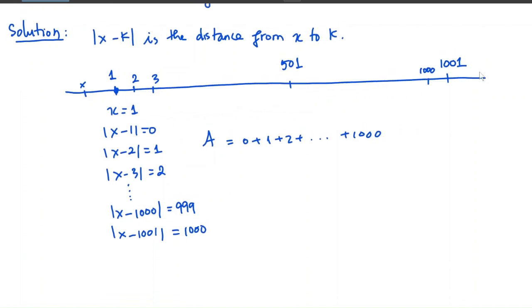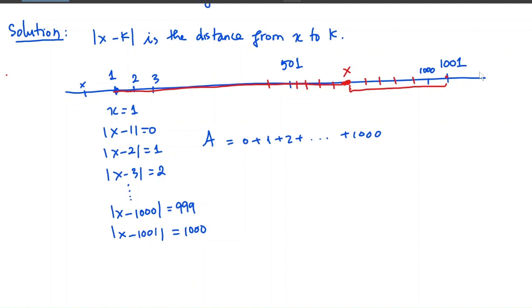If we pick x over here, the distance on the right gets smaller. The largest is from x to 1001, and the smallest one is here. But none of the distances is 1000, none of the distances is 999.